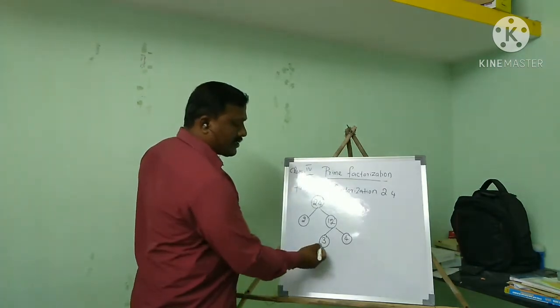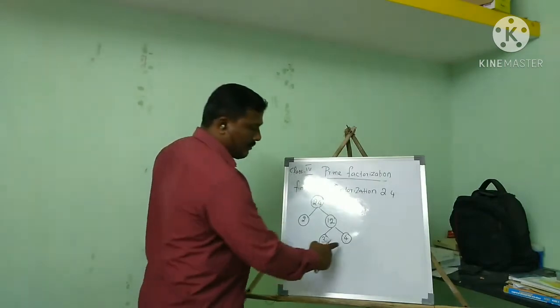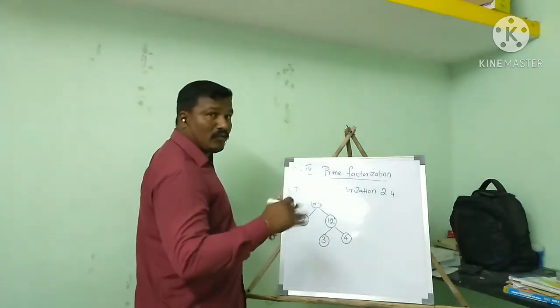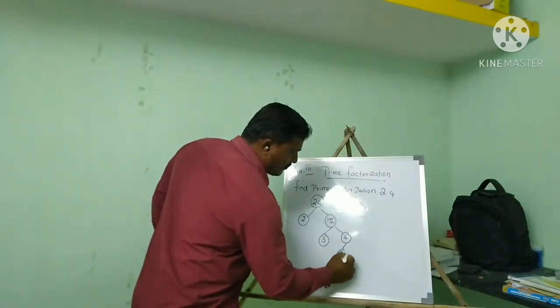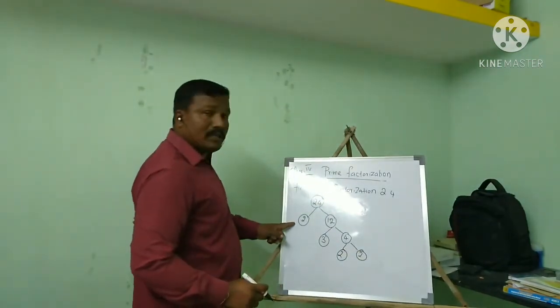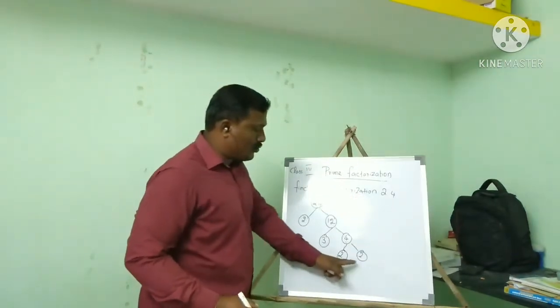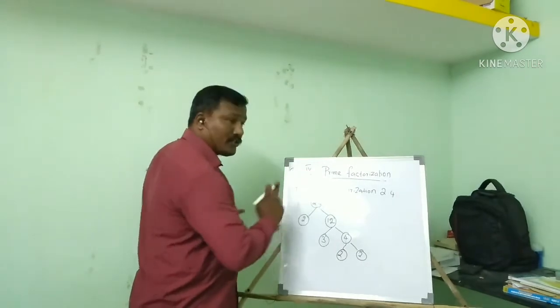Then 3 we cannot divide further because it's a prime number. This 2 is also a prime number, but 4 is a composite number, so we can divide further. So 2 2s are 4. Here see, 2 is a prime number, 3 and 2, 2, these all are prime numbers. So these are the factors of 24.